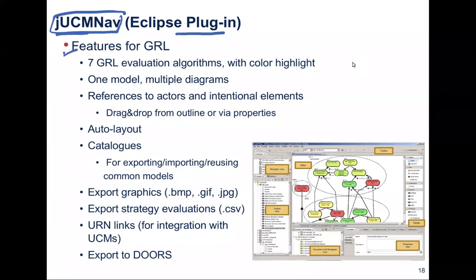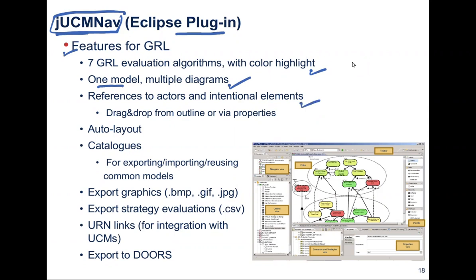Main features of the GRL using this tool: we have seven GRL evaluation algorithms, and they can be used with color highlighting. Also, even if you have one model, you can have multiple diagrams within that one model. References to actors and intentional elements are also included in this tool.